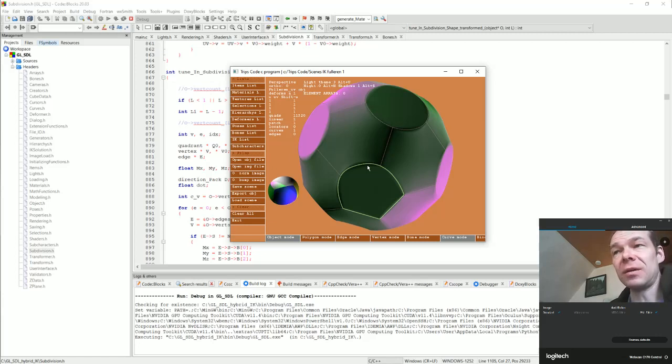For instance, if we get the next level of vertices, the vertice count is much larger for the next level. But some vertices are the same as in the previous level, so they are intercommunicating, and they are ordered in the arrays. They are not randomly placed in the next subdivision level. So it is for the edges and the polygons also.